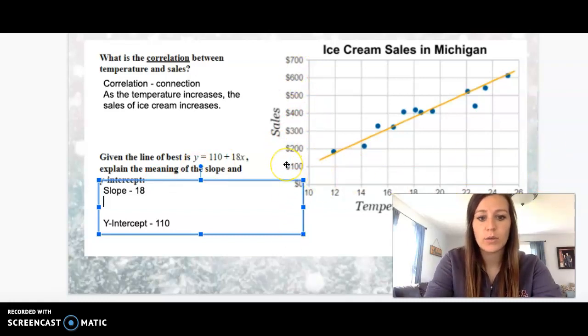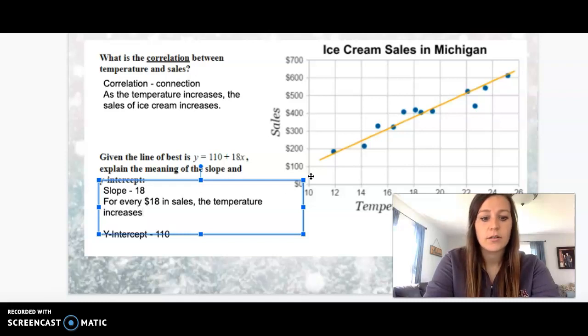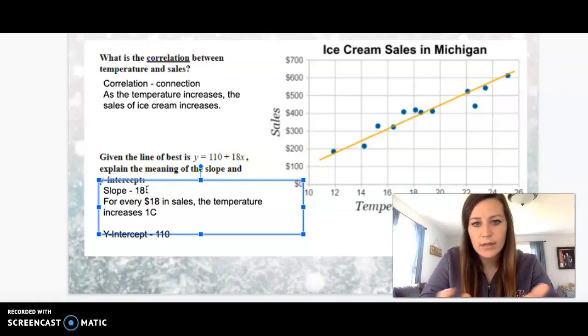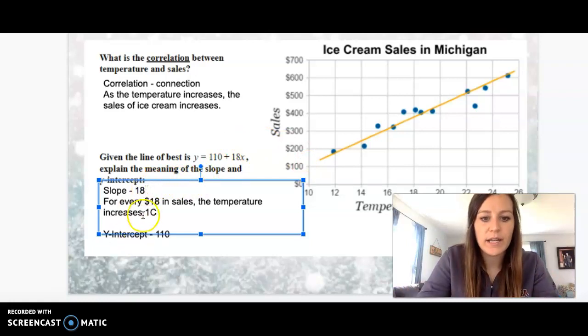Rise over run. So we would say for every $18, right? Because rise, for every $18 in sales, the temperature increases 1 degree Celsius. And I'm unable to type a little degree sign right now. But remember, 18 written as a fraction is 18 over 1. That's where I got the 1 from.